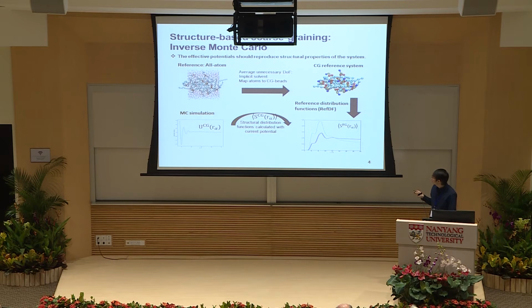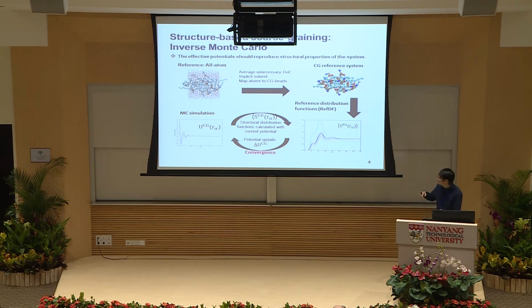Based on the difference between these two RDFs, you can derive the potential update. Then you apply it to your original potential, and you have a new set of potentials. Then, of course, you iterate. Hopefully, it will not take a lot of iterations, but generally, in my experience, you would have to do at least 15 iterations.